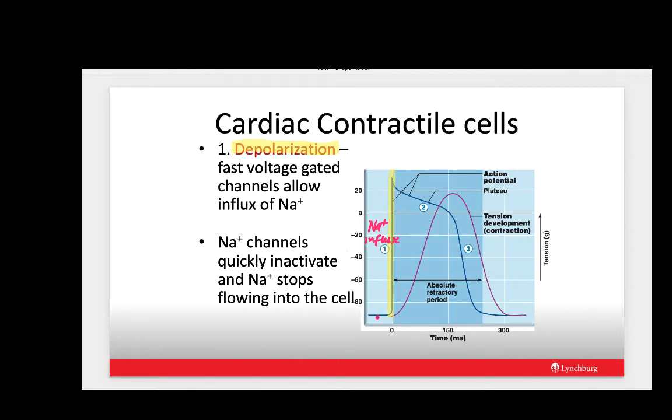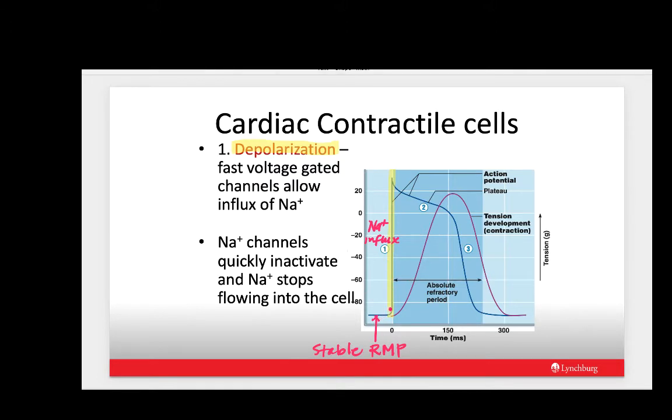Another thing to notice is before we even get to that depolarization, if you look at our resting membrane potential, it's stable. This is not like the pacemaker cells. If you remember, they had that unstable resting membrane potential that was constantly depolarizing towards threshold. But contractile cells are different.